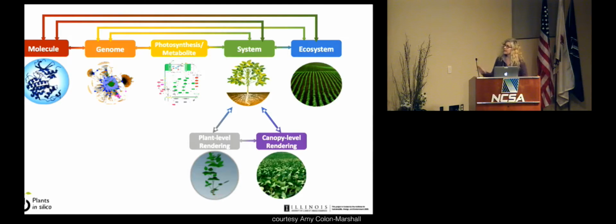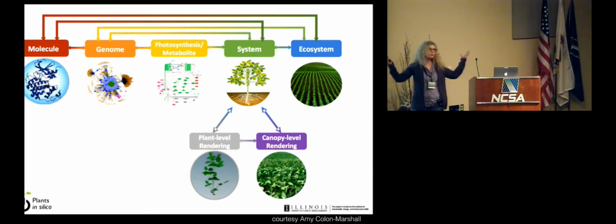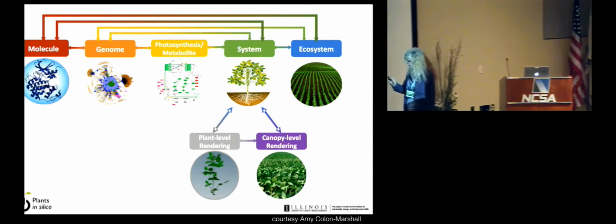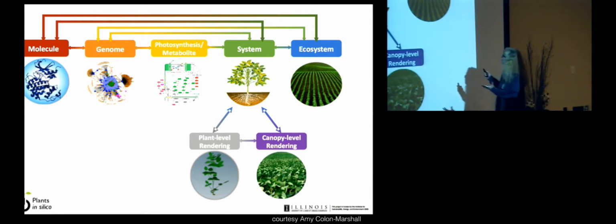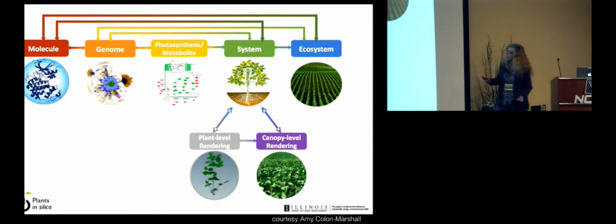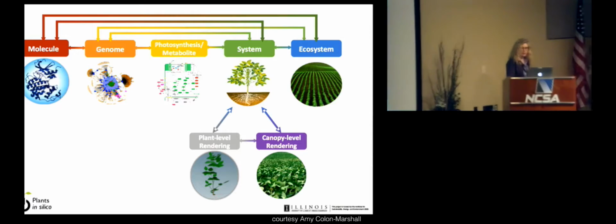Now, with plants in silico, we've got some really big problems to solve. But I think this is worth a dome show in and of itself. I mean, take a look at this. We're going from the very, very small to the very, very big. And each of these areas represents a level of biological life.